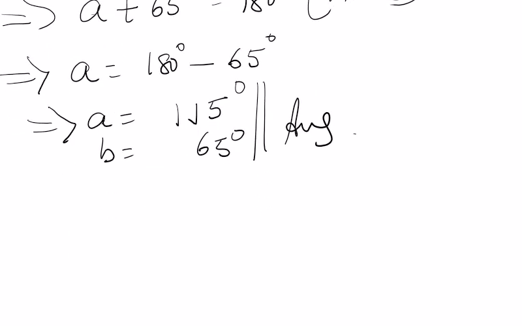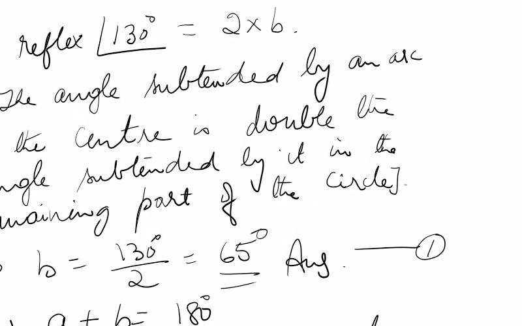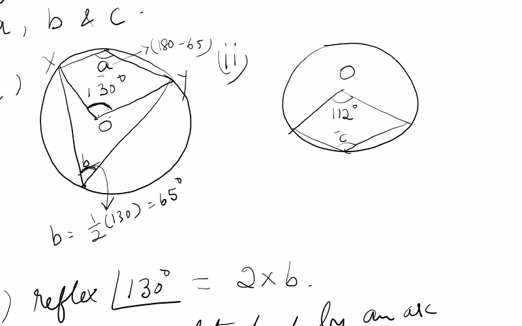Now, again, in the second question, as per the diagram, this is the diagram of the second question. Now, this angle is 112 degrees. So, what will be the reflex angle? This reflex angle will be 360 minus 112, because the complete angle at a point is 360.